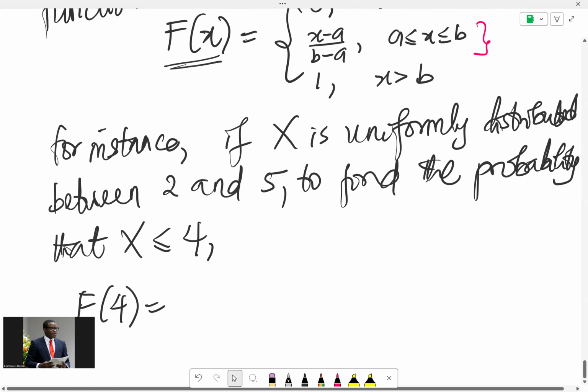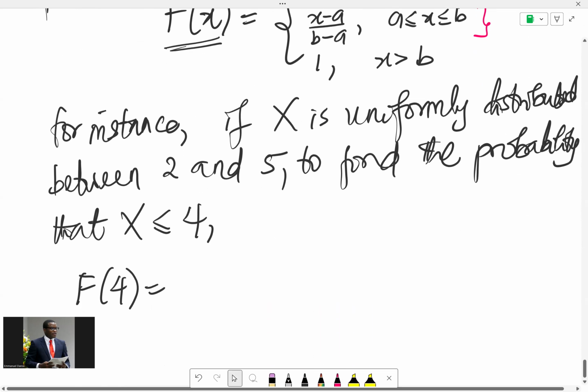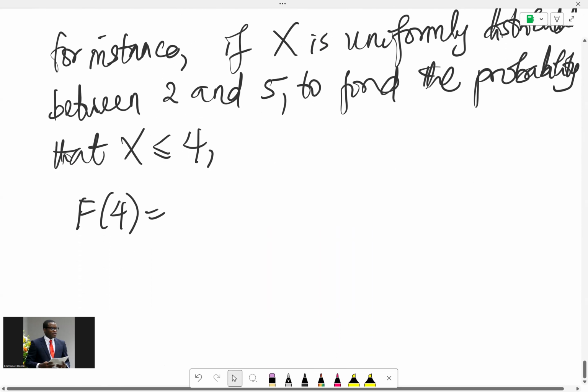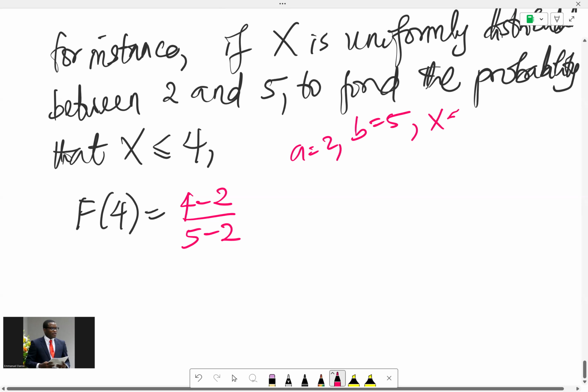So we have (x minus A) over (B minus A), so we have (4 minus 2) over (5 minus 2), because A is 2 and B is 5. Here x is the value 4. So in this case, we have 2 over 3, and that is approximately 0.667.